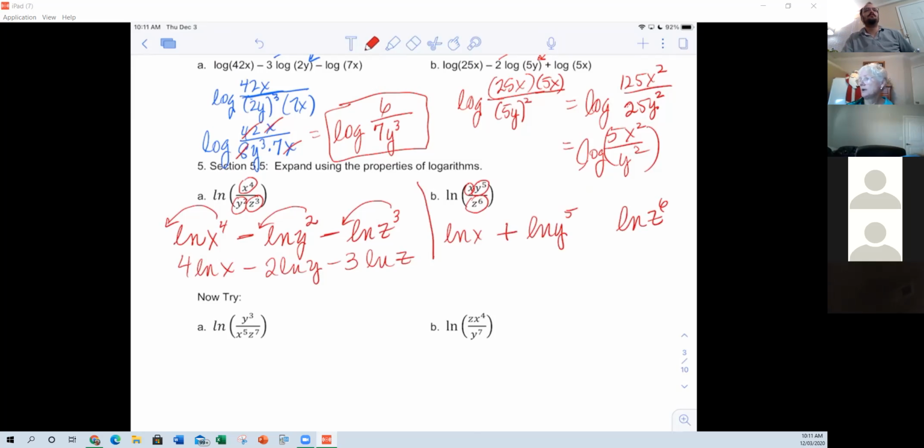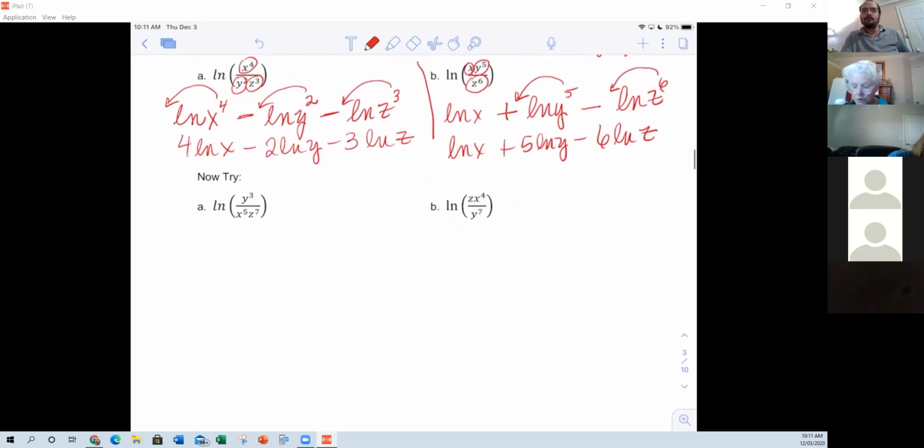And if it started in the denominator, it's negative. And the last thing you want to do is change the exponents to coefficients. Okay, so try these.